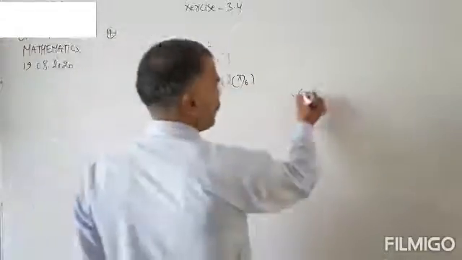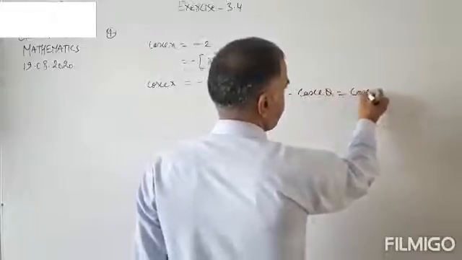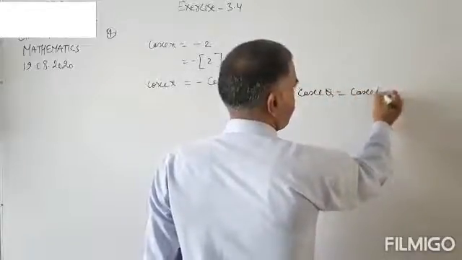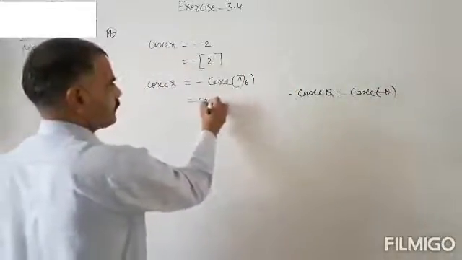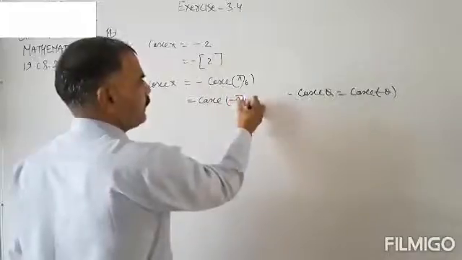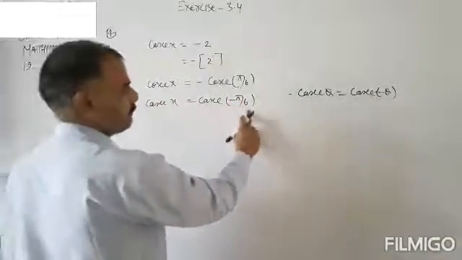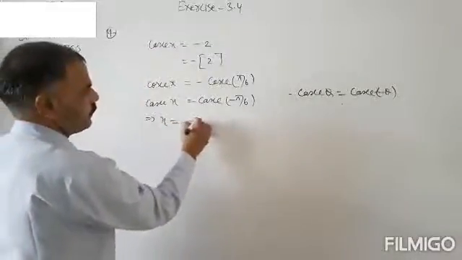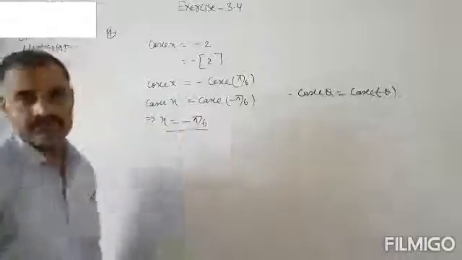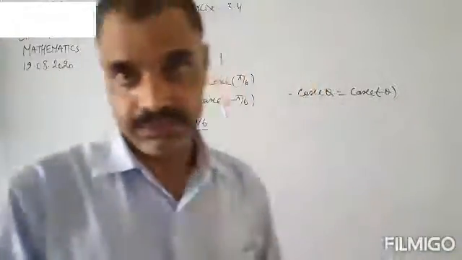So we know that minus cosec theta is equal to cosec minus theta. That is why this is equal to cosec minus pi by 6. Cosec x is equal to cosec minus pi by 6 implies that x is equal to minus pi by 6.